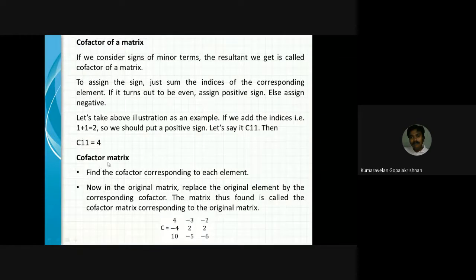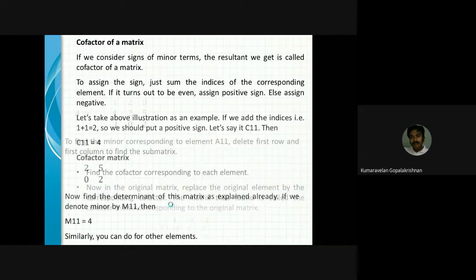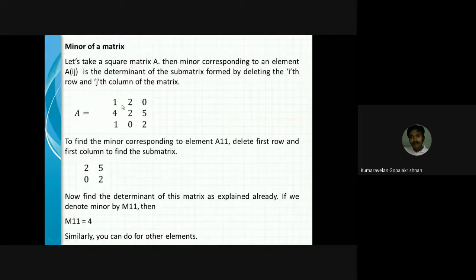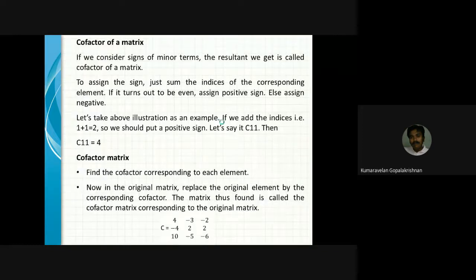Now the cofactor: I have to check the indices. The indices of 2 are first row, second column, 1, 2. 1 plus 2 is 3, and 3 is an odd number. So I assign a negative sign, and it becomes minus 3.